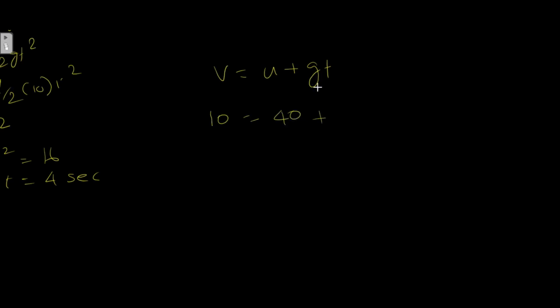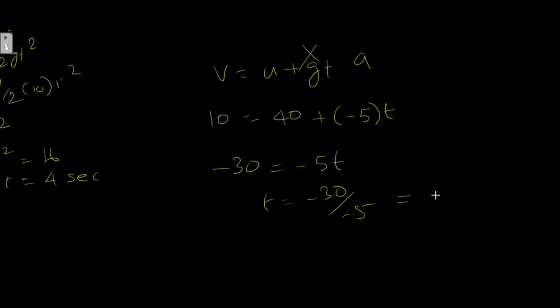When the parachute opens, it is not G, that is a, the deceleration, so it is minus 5 t. Then taking 40 to the left side, minus 30 equals minus 5 t. So t equals minus 30 upon minus 5, 6 seconds. So after opening the parachute, he reaches the ground within 6 seconds.